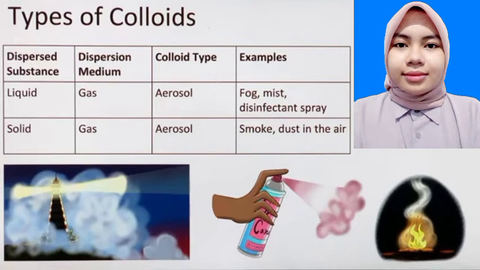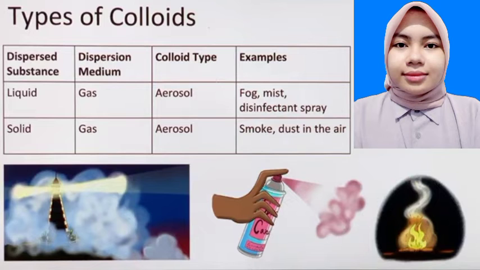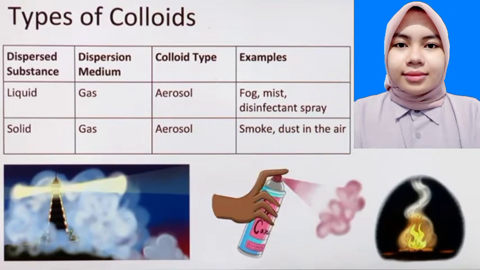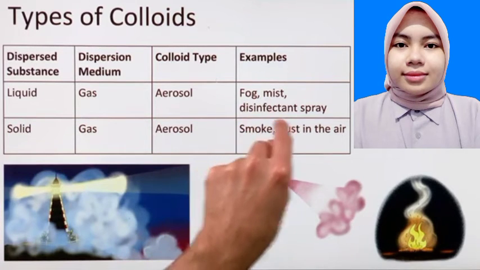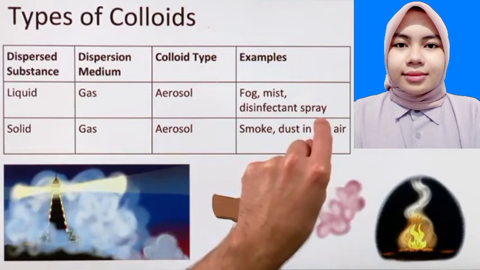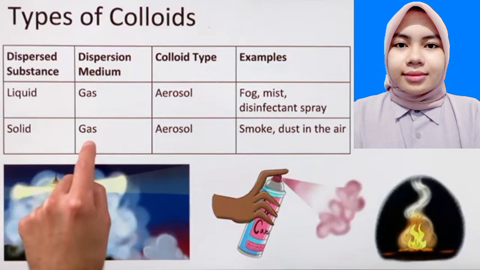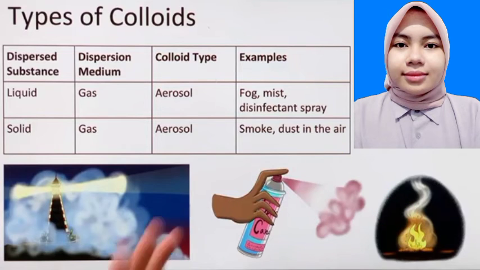We can build a kind of table here for the different types of colloids. We have talked about two types of aerosol: liquid dispersed in gas, such as fog and disinfectant spray, and solid dispersed in gas. Examples are smoke as well as dust in the air.